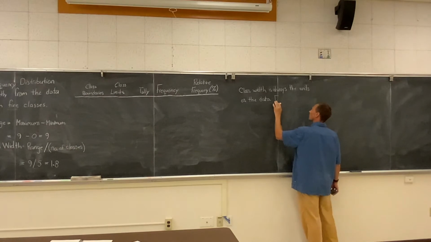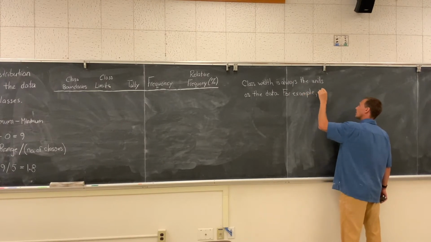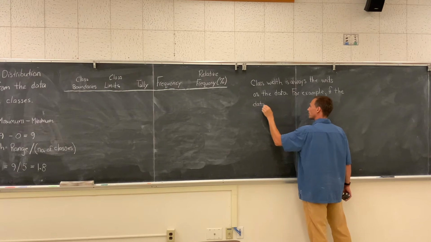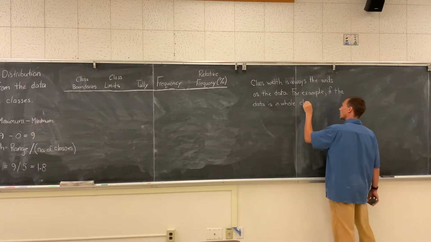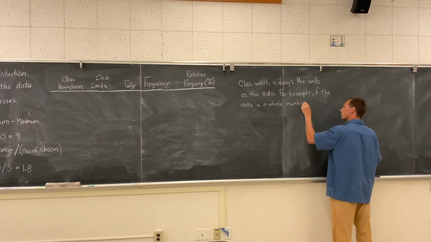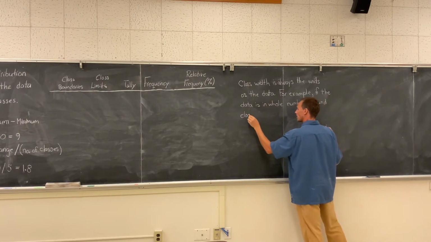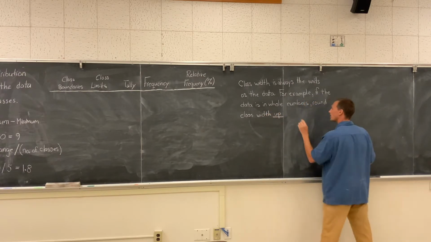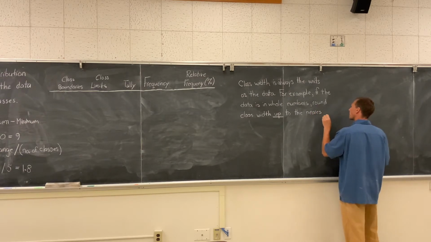For example, if the data is in whole numbers, round class width up, always up, to the nearest whole number.